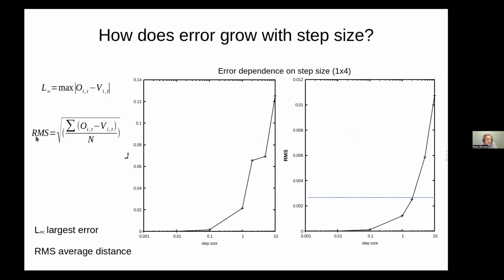Then we're also plotting the root mean squared error. I forgot to put a square here. It's the square root of the sum, and the term inside the summation should be squared. So you sum all of the differences, divide by the total number, and then take the square root.